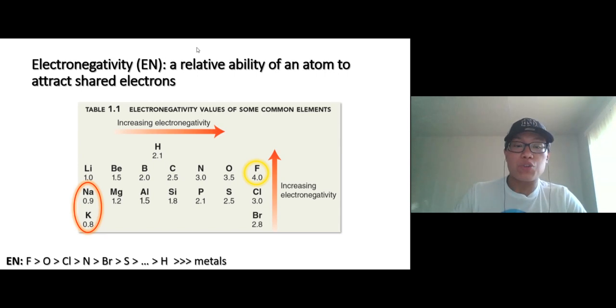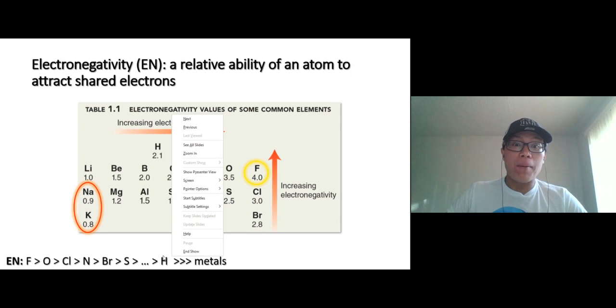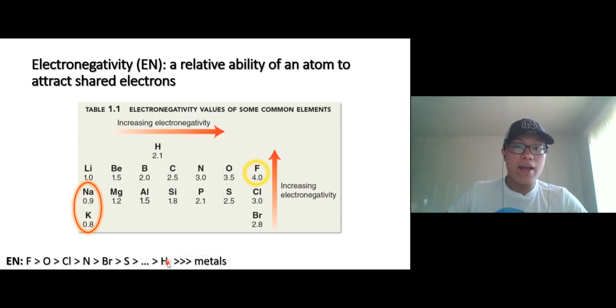Just the top electronegative atoms: we have F, O, Cl, that's the top three, then N, Br, S, and all the way to hydrogen. Hydrogen is the least electronegative atom among non-metals, but still has higher electronegativity than metals.